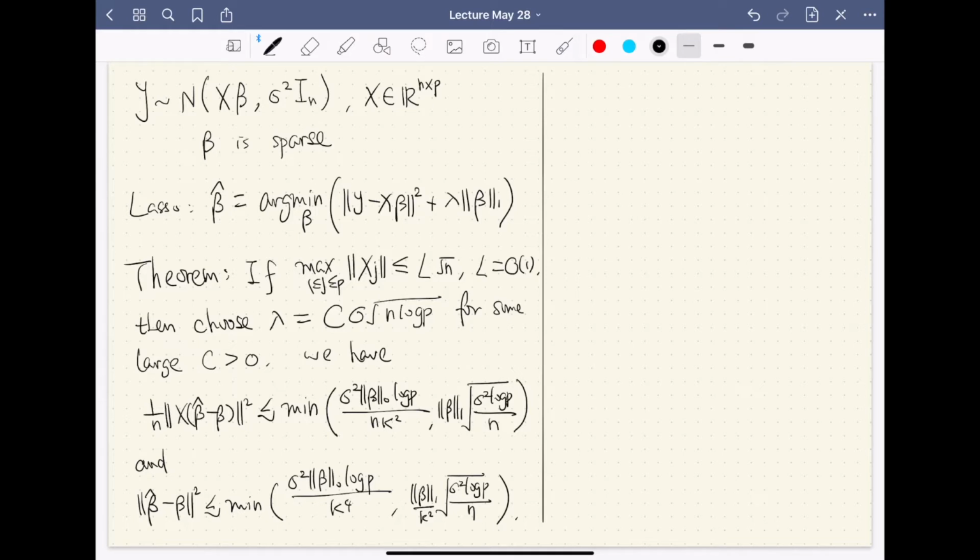So what is kappa? Kappa is called the restricted eigenvalue.